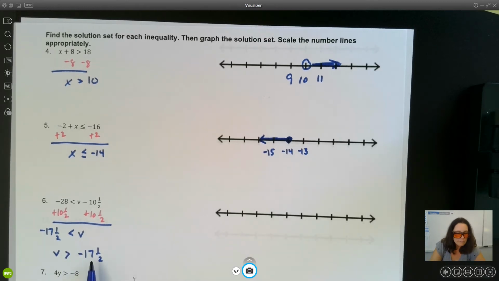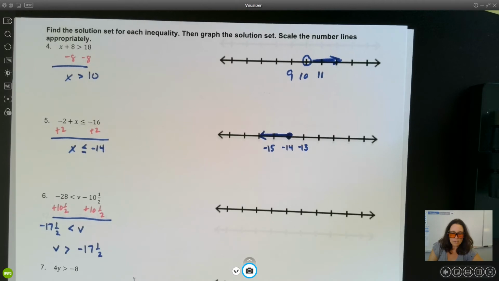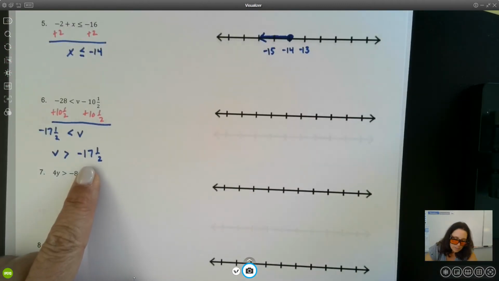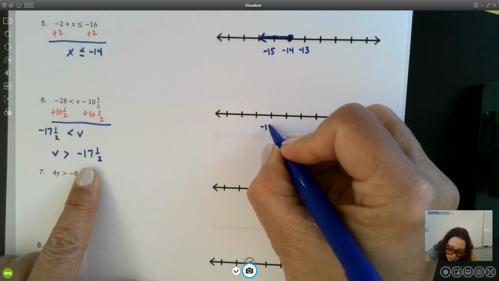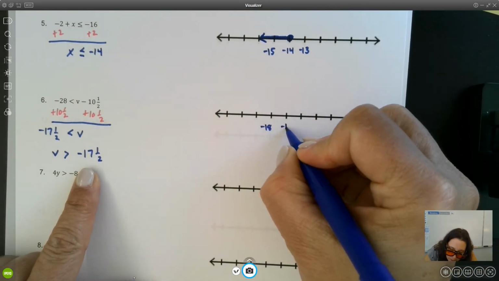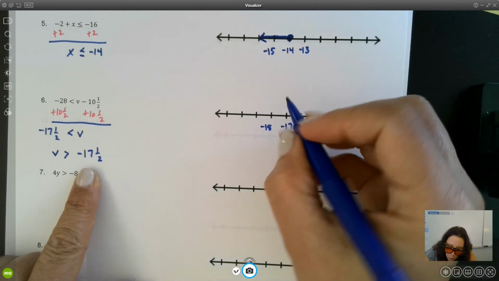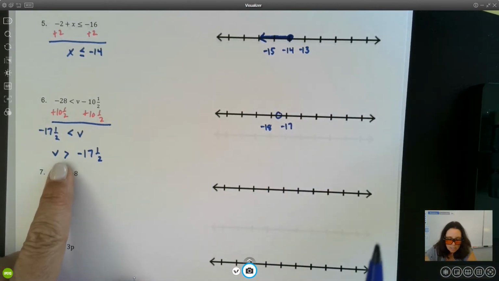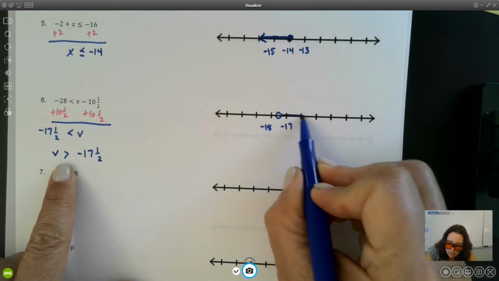Okay, now when we have a fraction, remember what I said, we're not putting fractions on the number line. We're going to put the integer on the left of this, which is negative 18, and we're going to put negative 17, an open circle smack dab in the middle of that interval, shaded, that's pointing to the right.